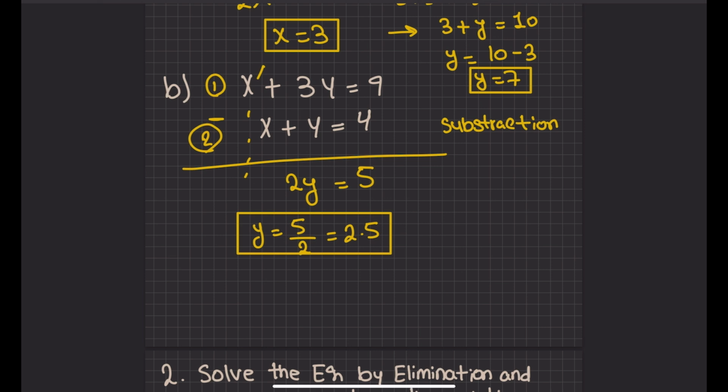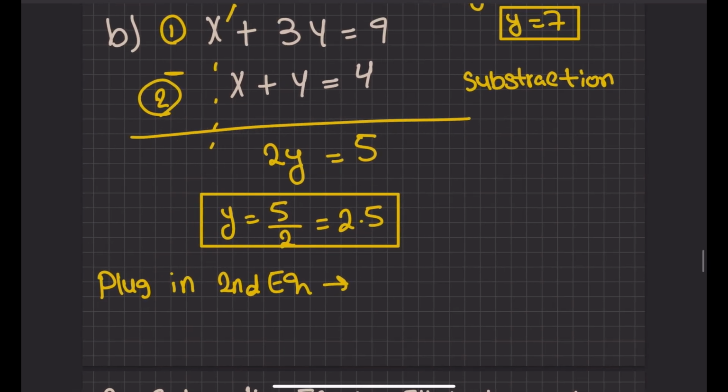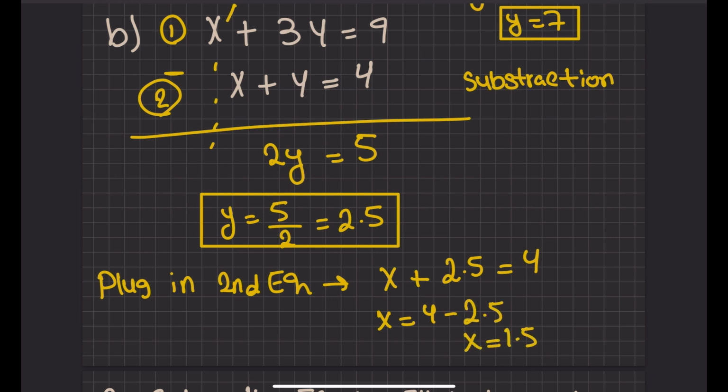So, plugging into the second equation, I write x plus 2.5 equals 4. So x is going to be 4, and we move 2.5 to the right side, so it becomes negative. It's going to be 4 minus 2.5, and x equals 1.5.